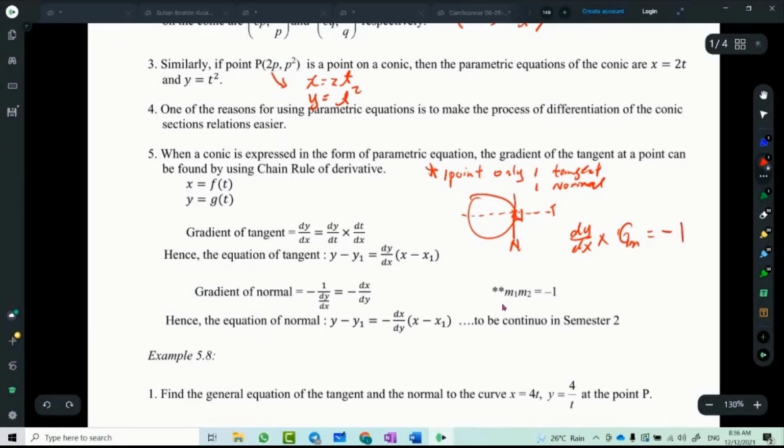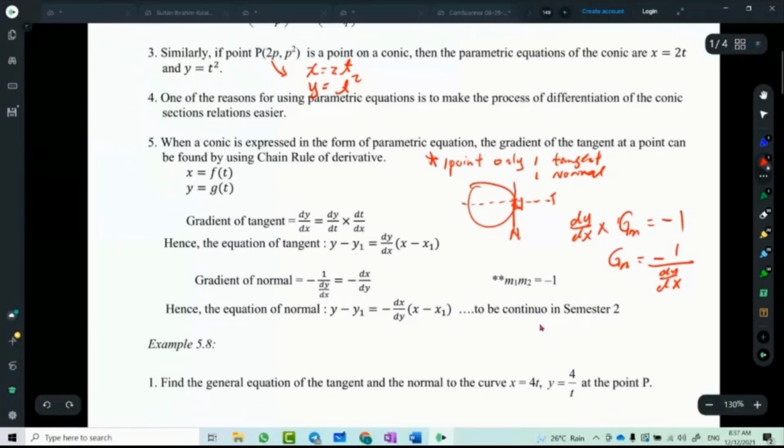The answer is -1. So to find the gradient of the normal, you simply use -1 divided by dy/dx. When you simplify, you get this. Once you get the gradient of the normal, then again you can find the equation of the normal. This will be continued in detail in semester 2. So far we just use the chain rule.